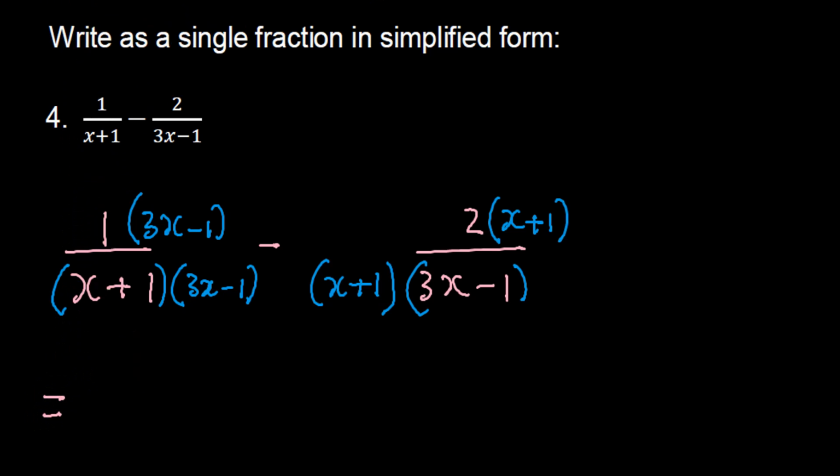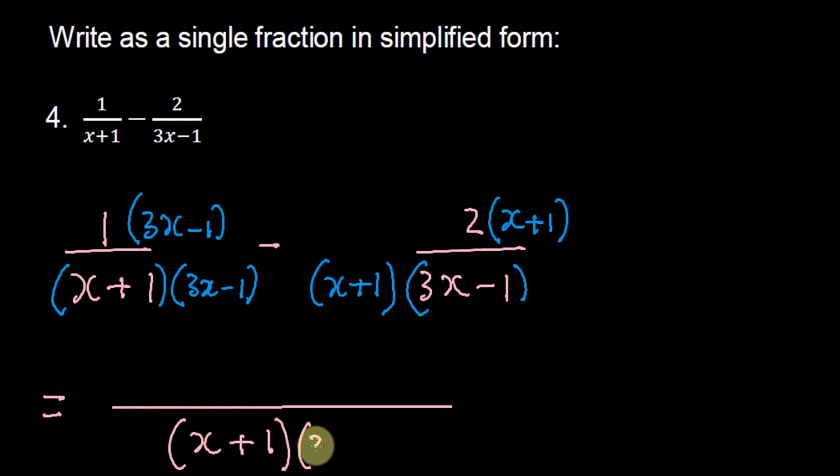So we're going to write everything over x plus 1 times 3x minus 1. Then in the numerator here, we have 1 times 3x minus 1, which is 3x minus 1. Then we have a negative, and then 2 times x plus 1.